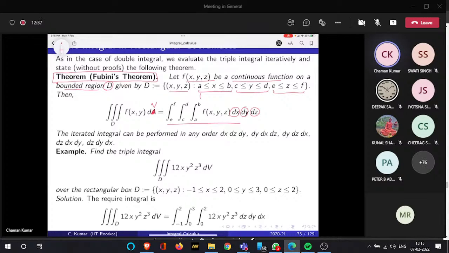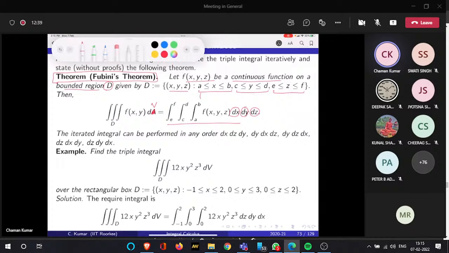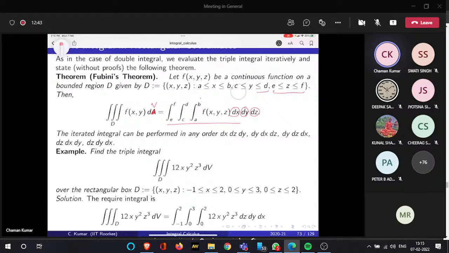And with the help of this Fubini theorem, we will be able to calculate explicitly the value of the triple integral if the domain is of this type. So you have two conditions here. First condition is f should be continuous on the domain D, and the second condition is that the domain D is a cuboid.